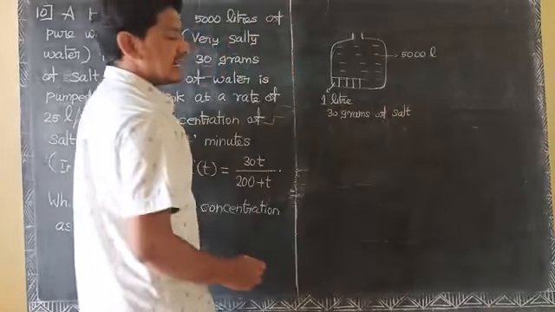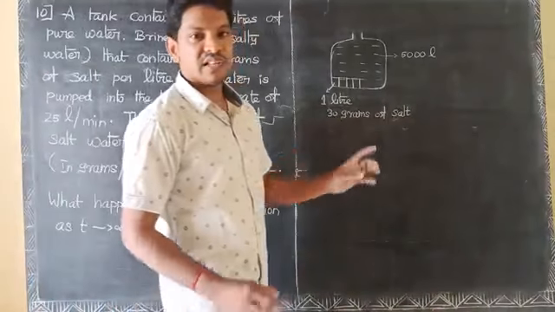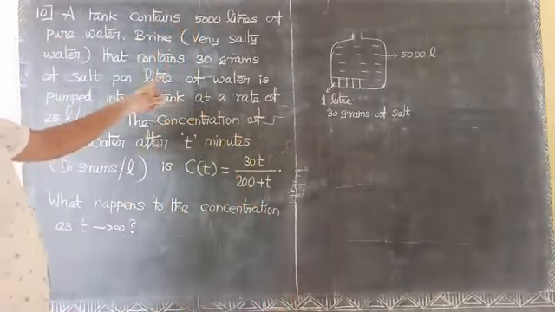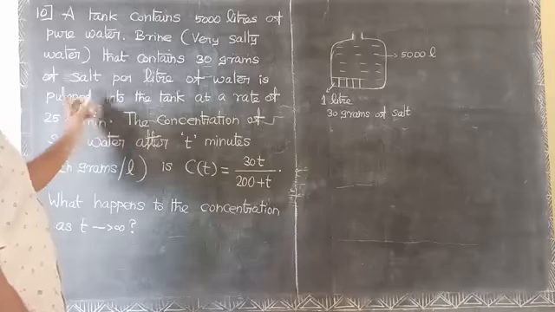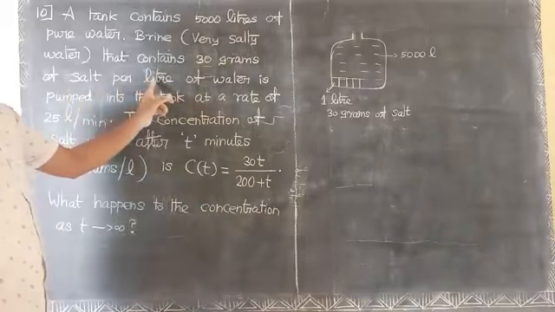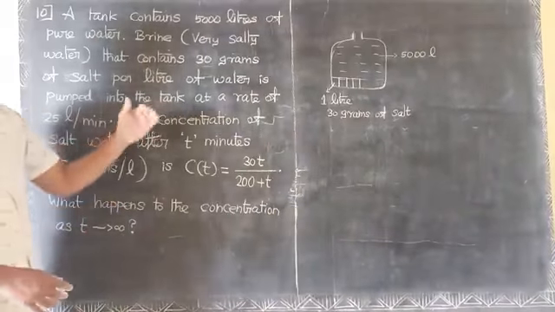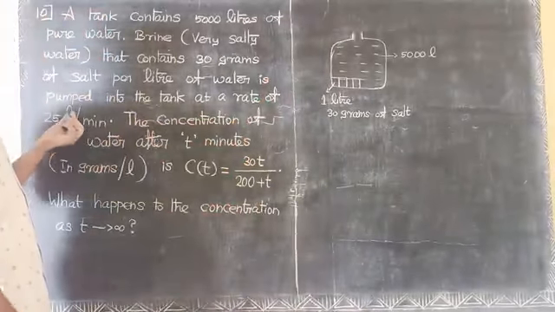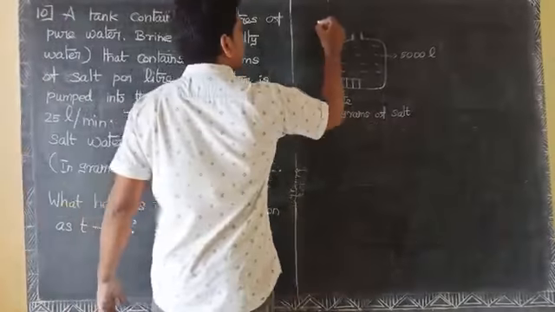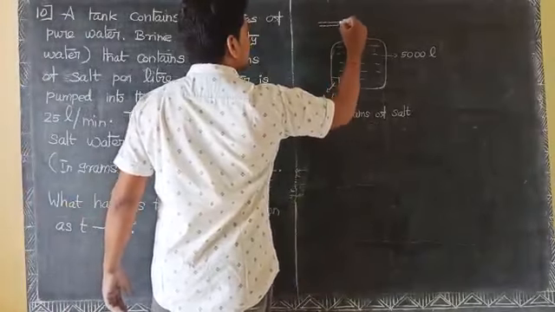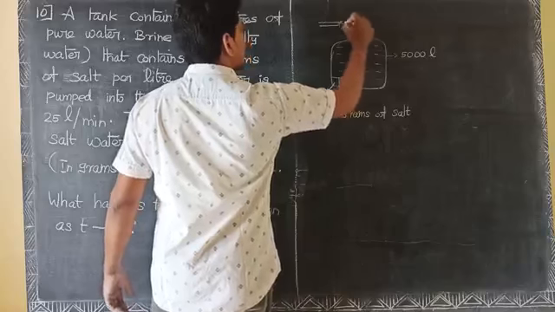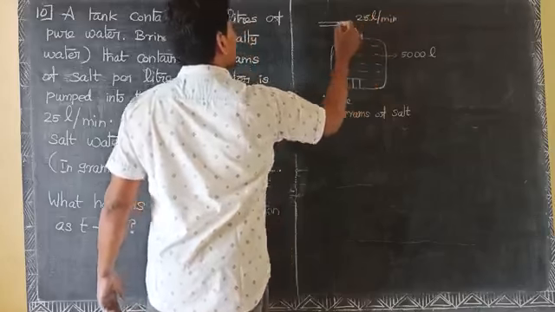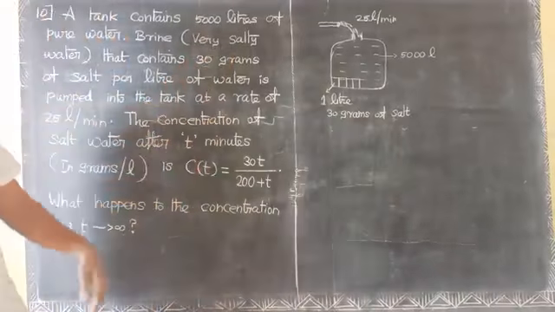Here the salt water per liter is pumped into the tank at a rate of 25 liters per minute. Pumped into the tank at 25 liters per minute.